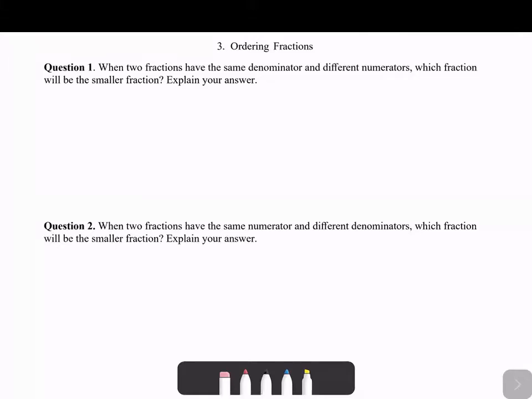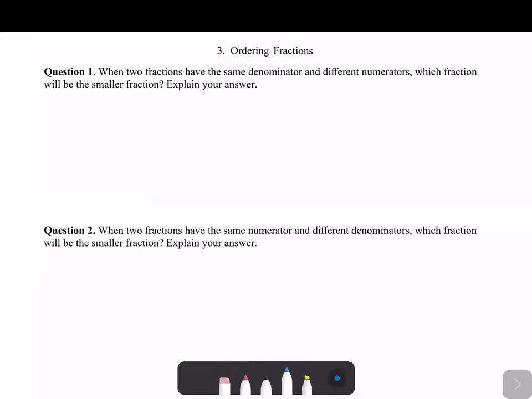Just drawing out what's in the book, we have this concept of order. So if we have a number line, it goes 0, 1, 2, 3, 4, and we look at two fractions, and one of them is here, and this is the fraction a over b, and one of them is here, and this is the fraction c over d.